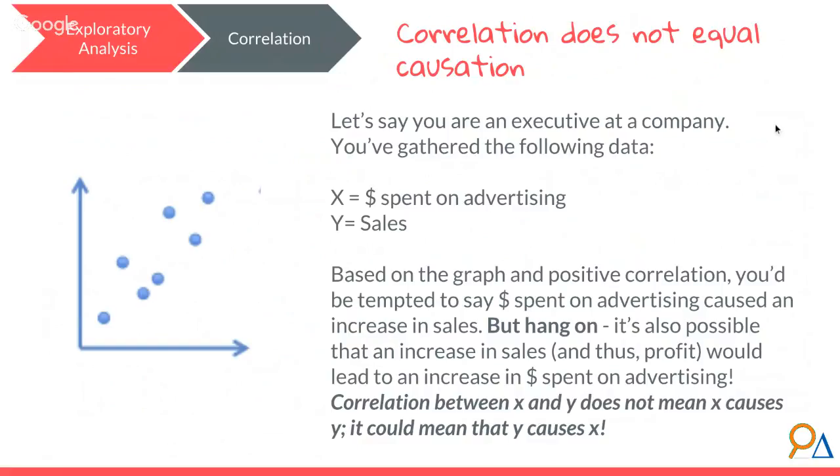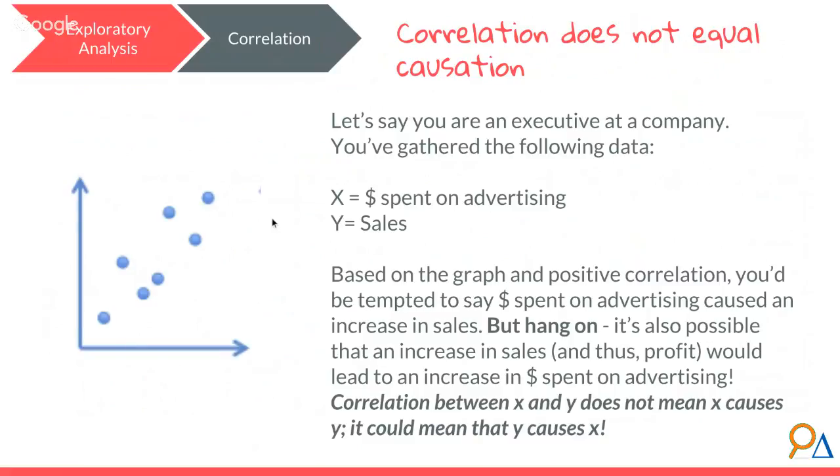So let's go back to, okay, let's talk about how correlation does not equal causation. Let's say you're an executive at a company, and you've gathered the following data on spending on advertising and sales. The x-axis is spending on advertising, the y-axis is sales.